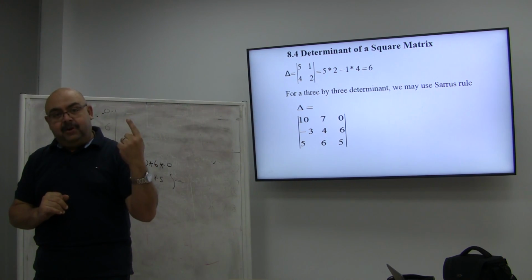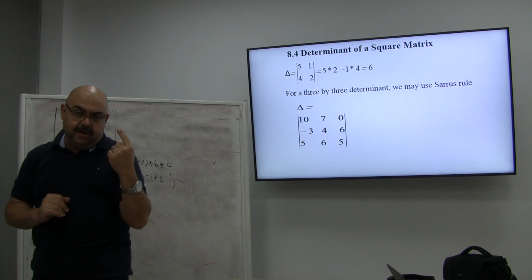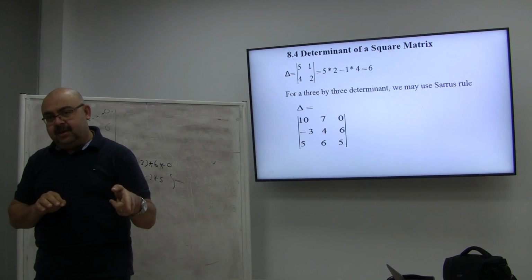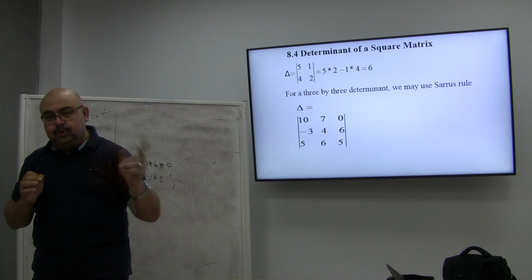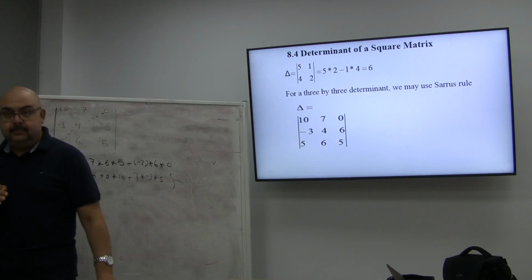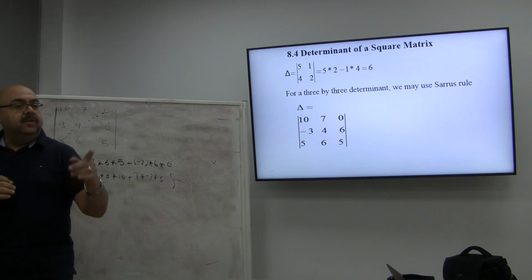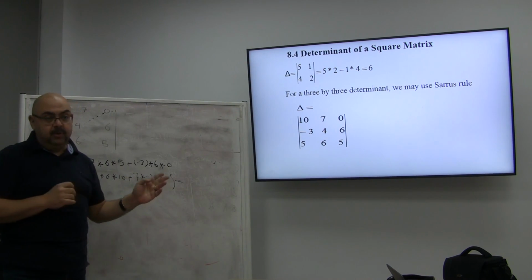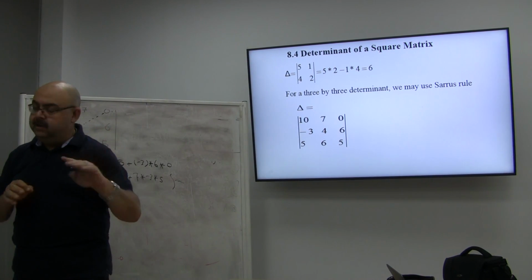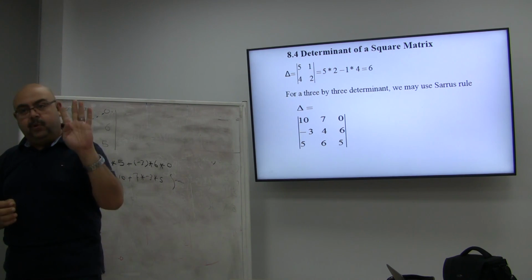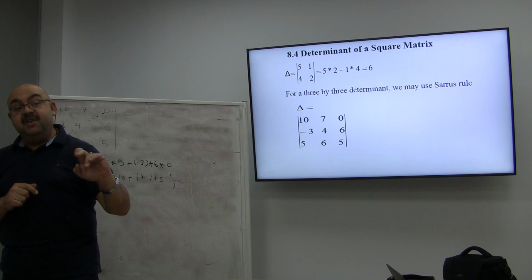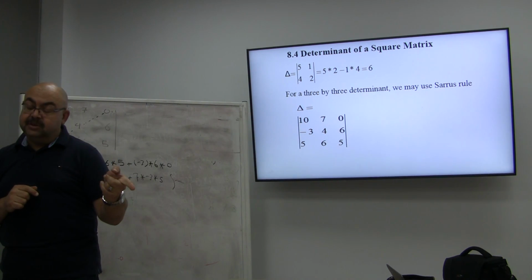So in order to evaluate just one 4 by 4 determinant, I will end up having 12 2 by 2 determinants. This is why this algorithm is really very useful. If I want to evaluate a 4 by 4, I just break it into 4 3 by 3. Can you imagine a 5 by 5 determinant?